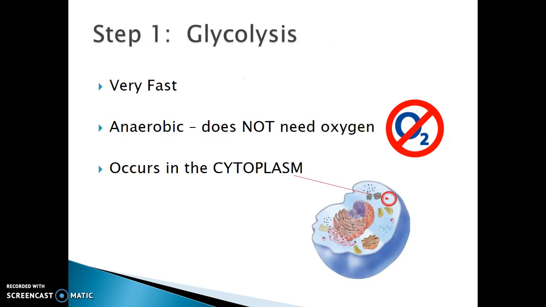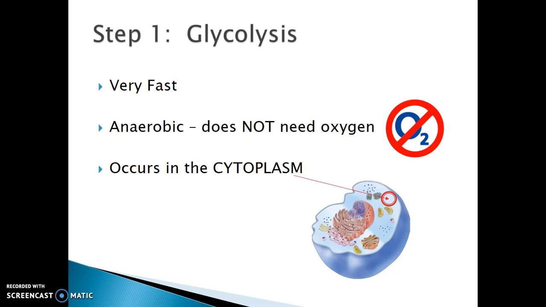All right, step one. Just like photosynthesis, you need to be able to walk through the process step by step. Step one of cellular respiration is called glycolysis. Lysis means to release or loosen. Glyco refers to the glucose, because we are going to break glucose.